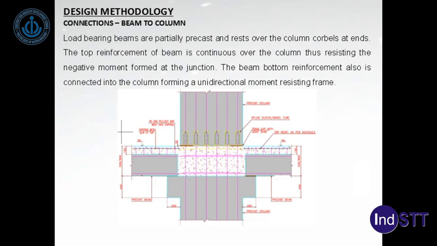You can note that the beam bottom reinforcement also is connected into the column, forming a unidirectional moment resisting frame in each direction. So we also have a frame in the other direction, which we saw in the previous slide, and that is basically not carrying the hollow core load, but is participating in stability to some extent.